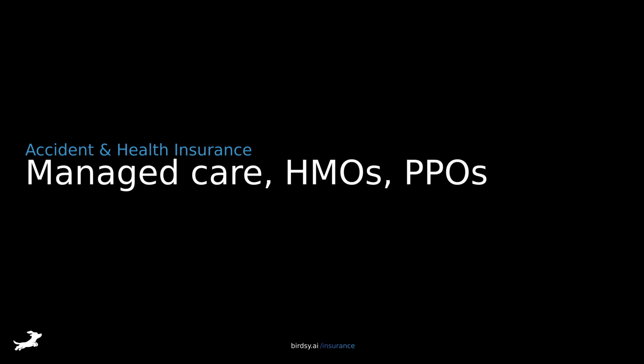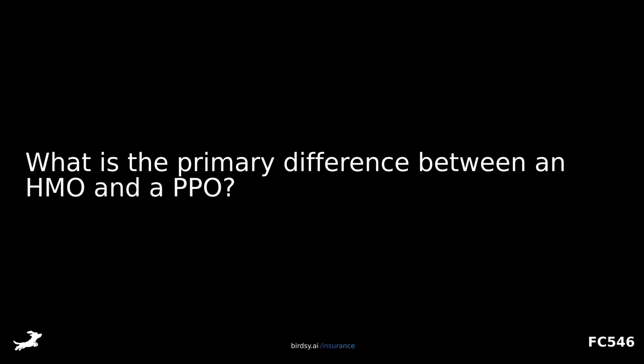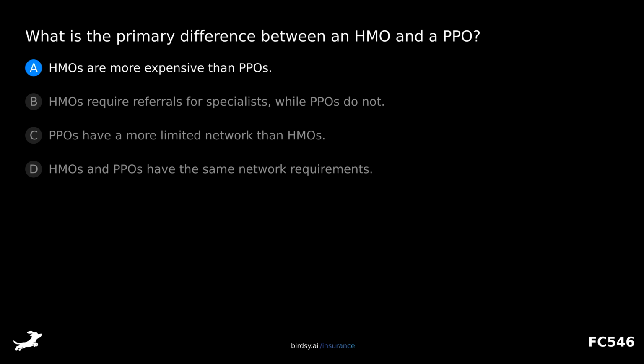Managed care, HMOs, PPOs. What is the primary difference between an HMO and a PPO? Is it A, HMOs are more expensive than PPOs, B, HMOs require referrals for specialists, while PPOs do not, C, PPOs have a more limited network than HMOs, or D, HMOs and PPOs have the same network requirements?